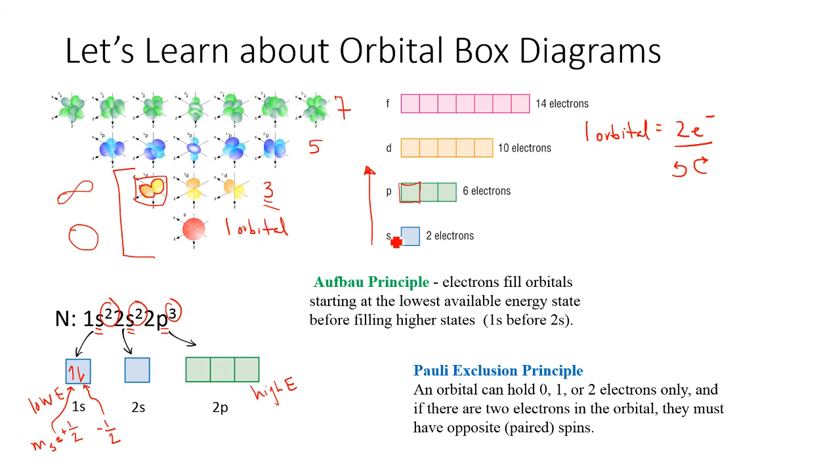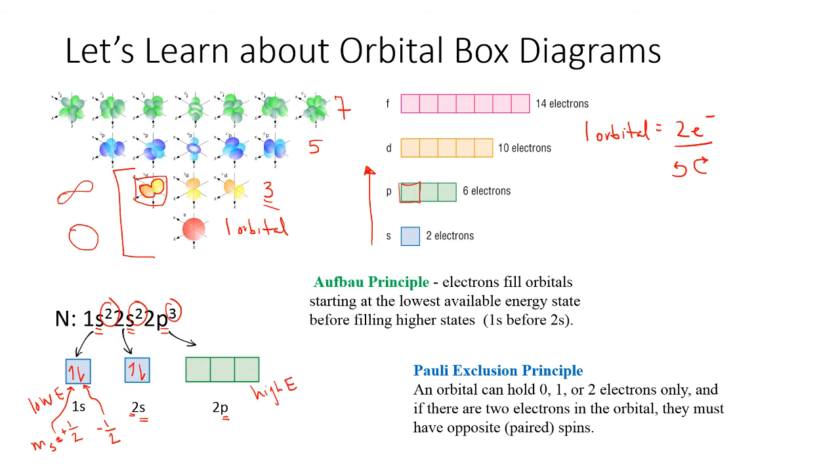S has a really low energy, P gets a little bit higher, D gets higher still. So when I'm inside of the second energy shell, I have to fill up S all the way before I can fill up P. So I need to fill in these 2 electrons. One of them's going to go up and one of them's going to go down. A positive spin and a negative spin.